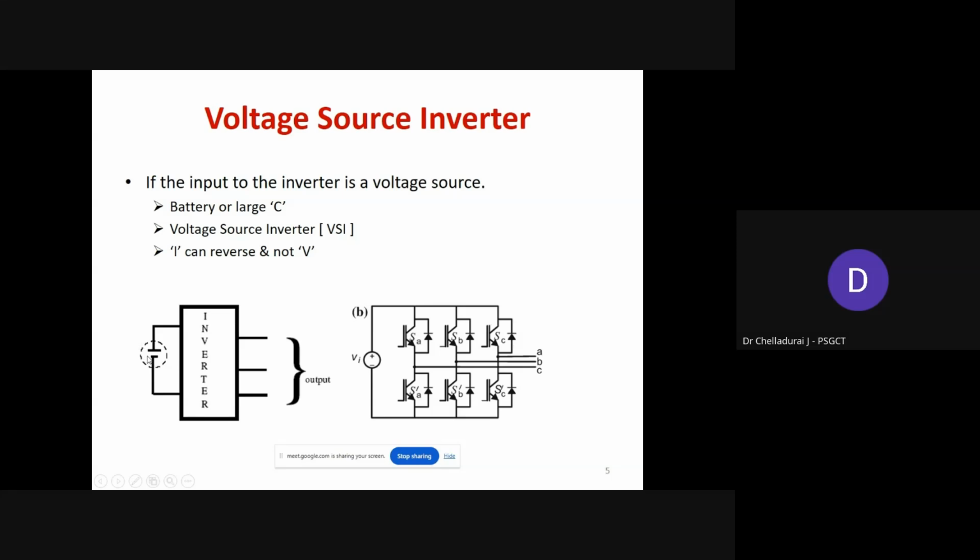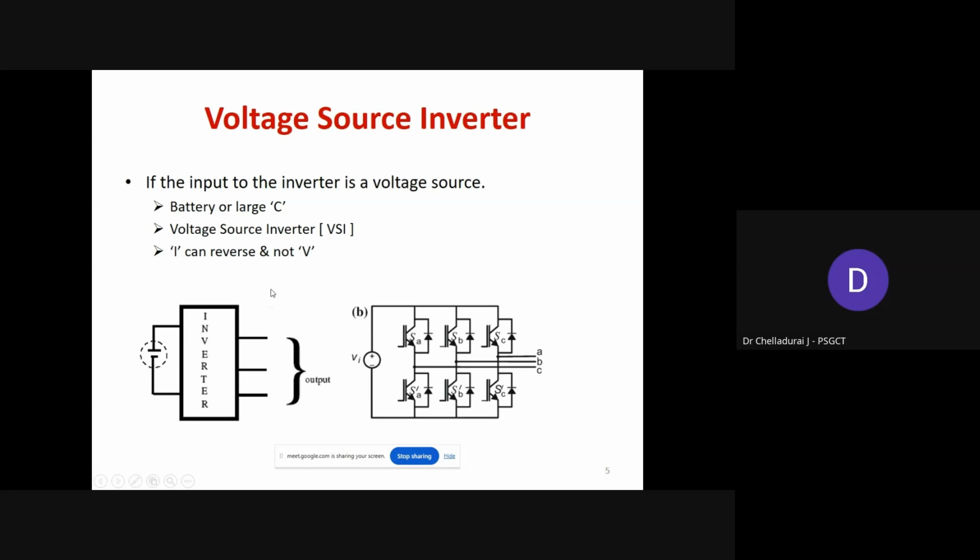In a practical case, if the input voltage is variable within the design limit, we have to connect a capacitor across this DC source. With a very large value of capacitor, we can maintain the voltage magnitude across the input as constant. This topology is frequently called a VSI.